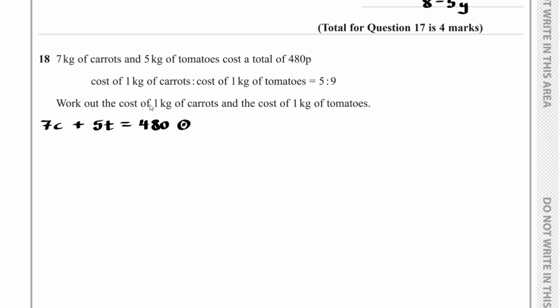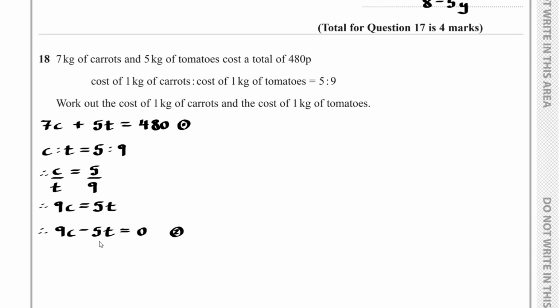That's from the first sentence. We are given the ratio of c to t being 5 to 9. That's from the second sentence. We can rearrange this to say that c over t is equal to 5 over 9, from which we can see 9c is equal to 5t. If we rearrange this, you will find 9c subtract 5t equals 0.